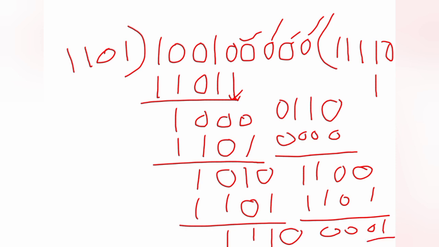So 1 is the remainder for the given data. This remainder will be added as the redundant bits to the given message 1 0 0 1 0 at the sender side, and it will be transferred to the receiver side. Now let us see what will be performed at the receiver side.